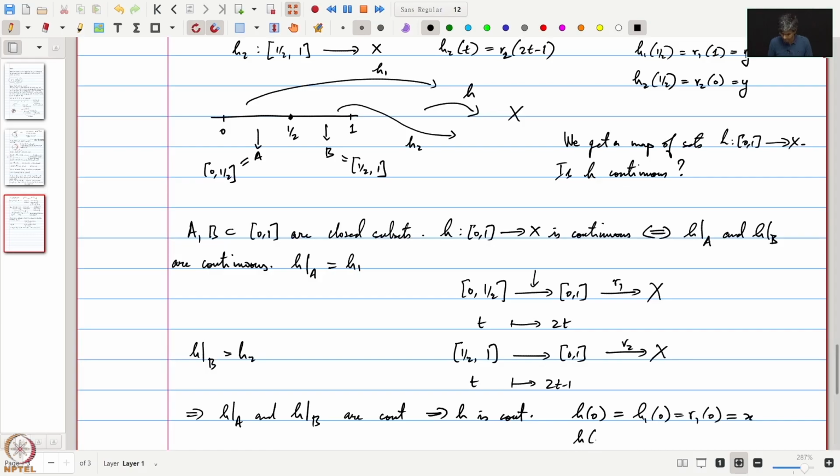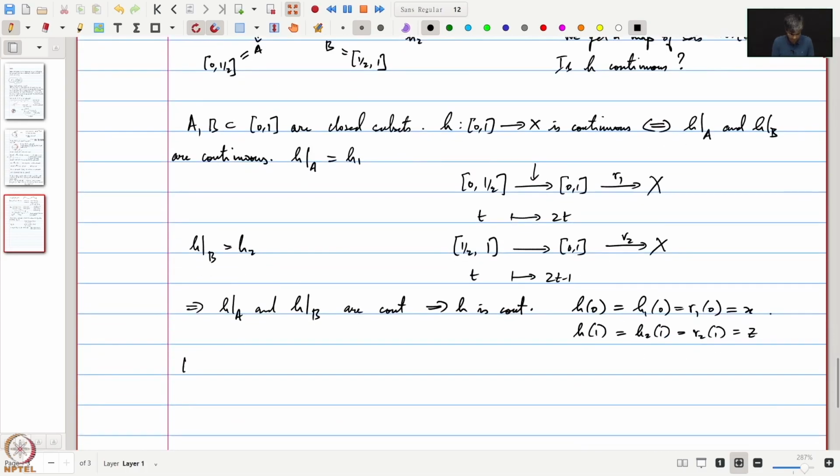And H(1): H is defined as h2 on the interval B, so it's h2(1), which is equal to gamma 2(1), which is equal to z. Thus H is a path from x to z. So this shows that x can be joined to z.